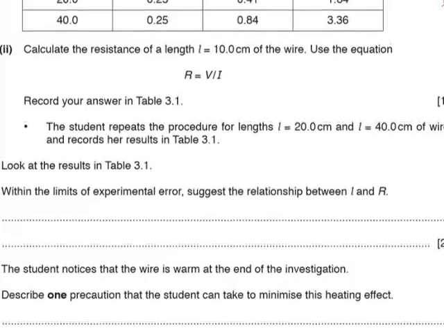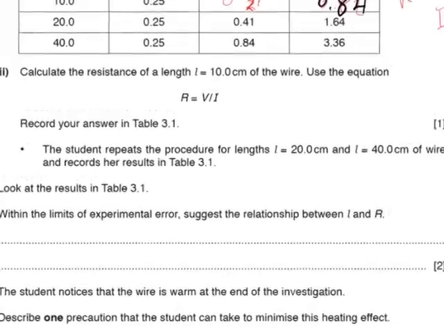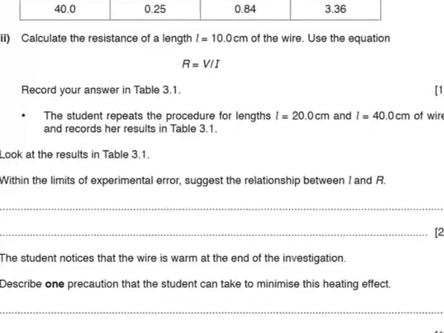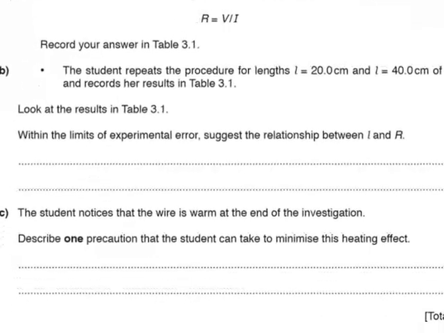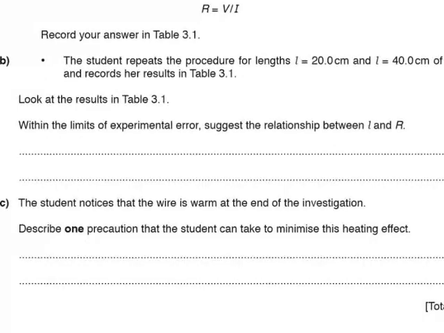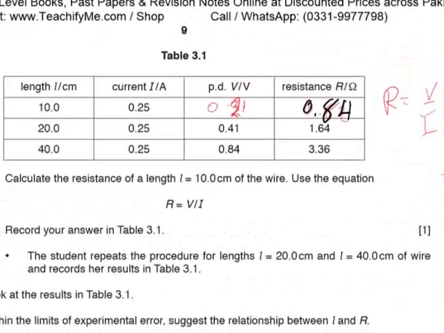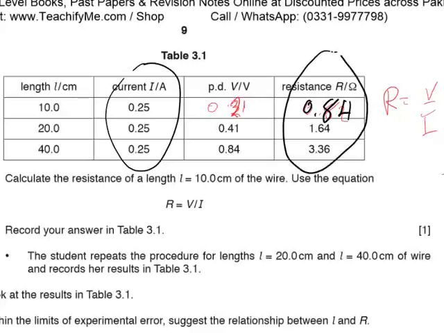The student repeats the procedure for the lengths of 20 and 40 of the wire, and then records them in table 3.1. Look at the table. Within the limit of experimental error, suggest a relationship between I and R. Now you will notice I and R. How do I say?